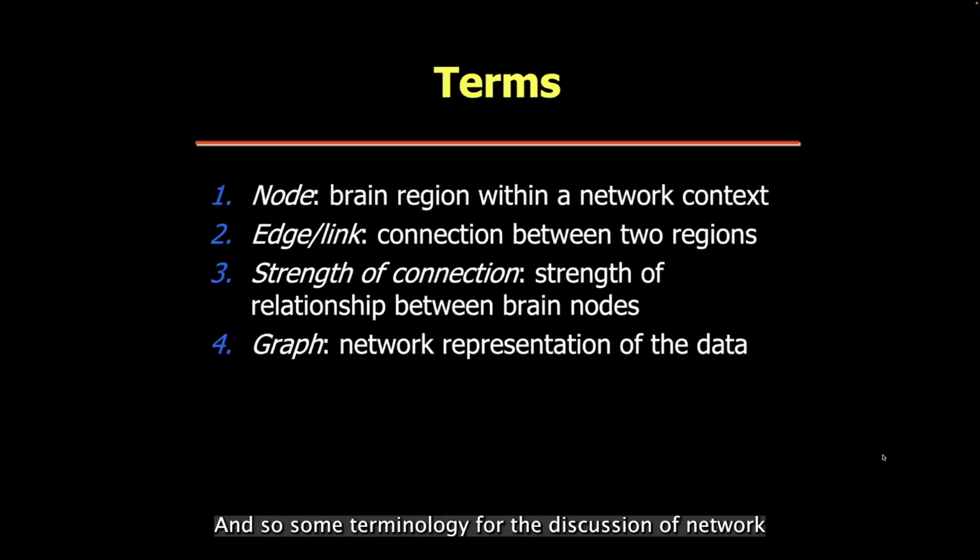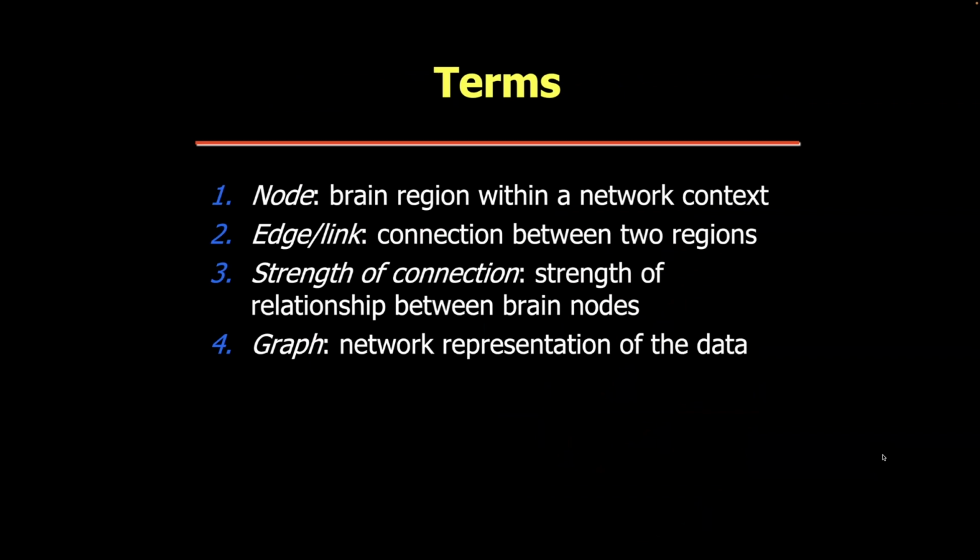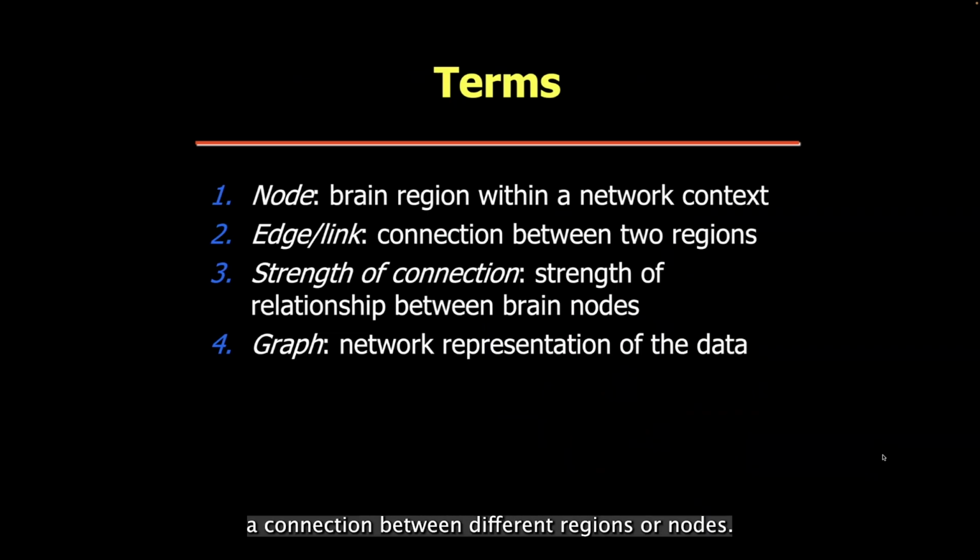Some terminology for the discussion of network analysis: the first is node, and that's any brain region. If you put a brain region in a network context, you will read and hear the term node to refer to it. An edge or a link is simply a connection between different regions or nodes.